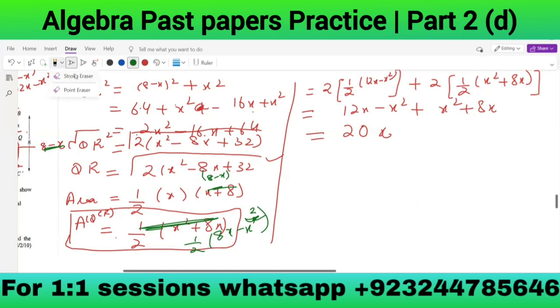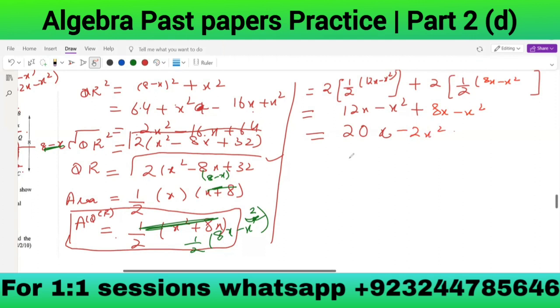It should be 8x minus x square over here. 2 and 2 cancel, plus 8x minus x square should give 20x minus 2x square.